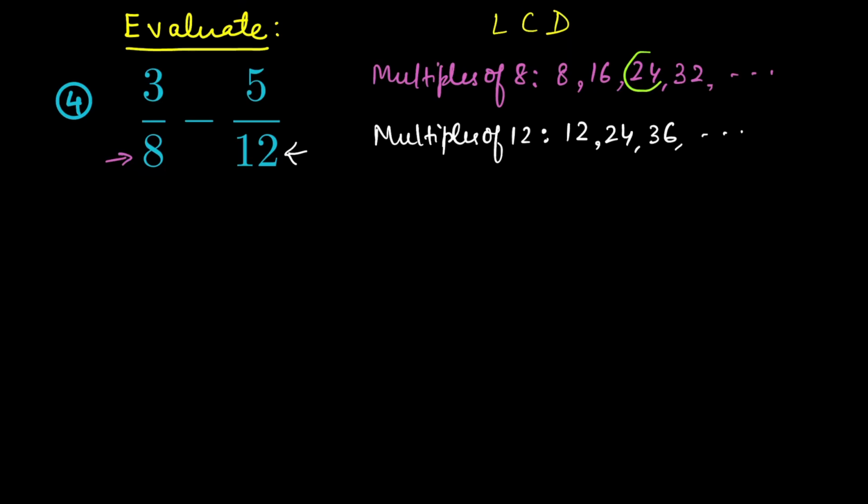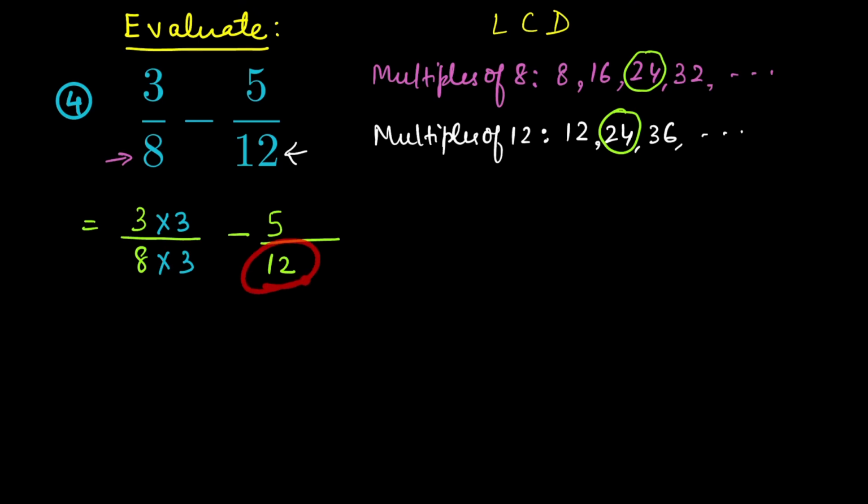We circle it, and then we try to make both the denominators 24. To make the first denominator 24, we multiply it by 3. And to make the second denominator, 12, also 24, we multiply it by 2.